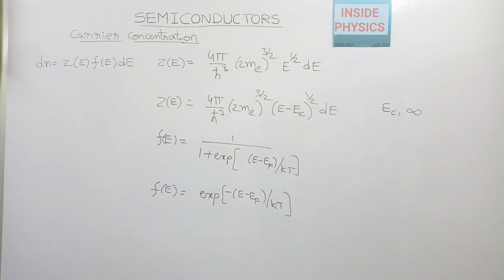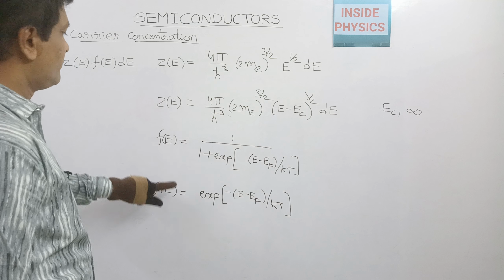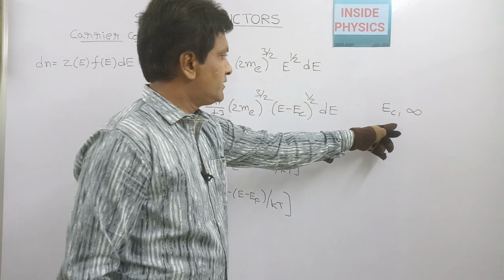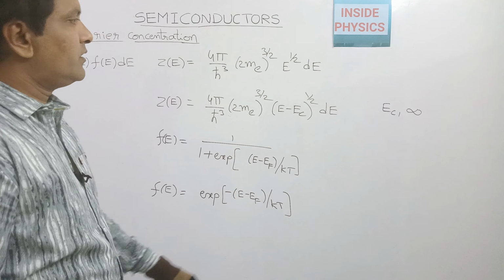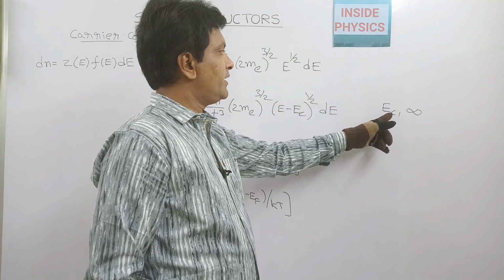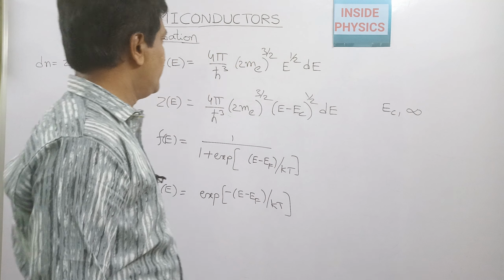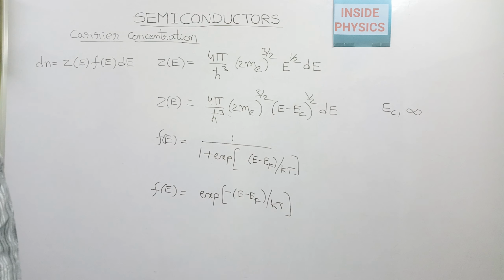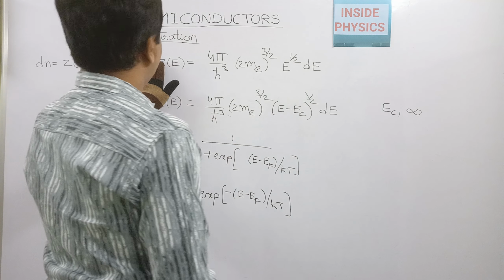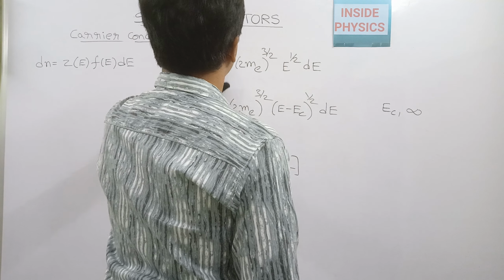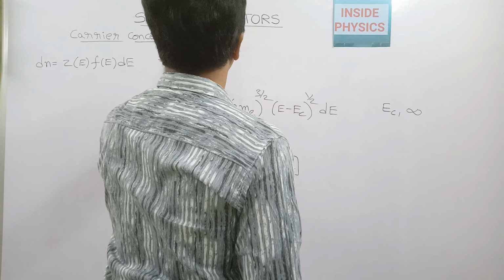Now we integrate these two in the limits EC to infinity, because the lower conduction band limit is EC and the upper limit is infinity. Now we proceed to integrate to get the number of electrons in the density.